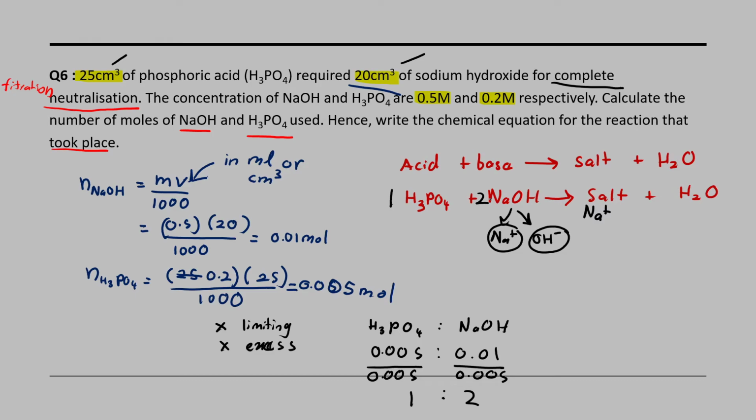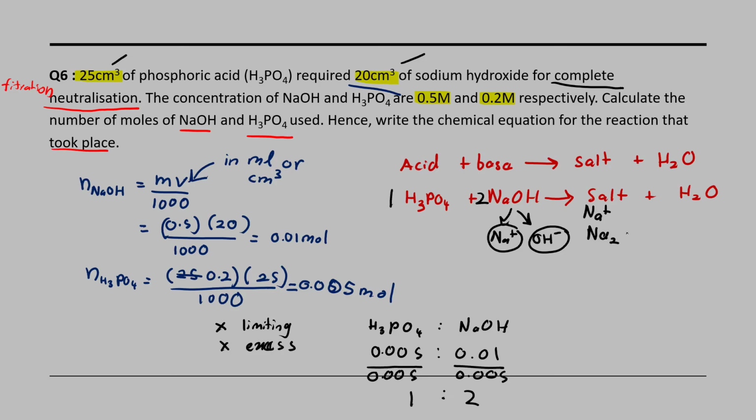Okay. Now the chemical equation, we already know it is 2 NaOH and we get some salt. So it means that since we put 2 here, the Na will be 2. We don't know which part of H3PO4 is at the back.